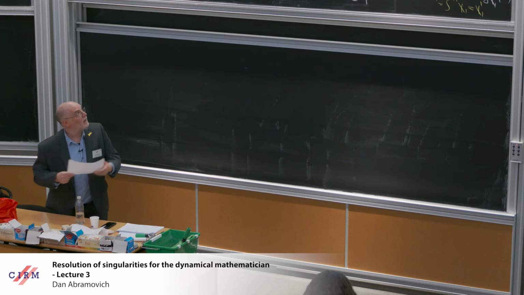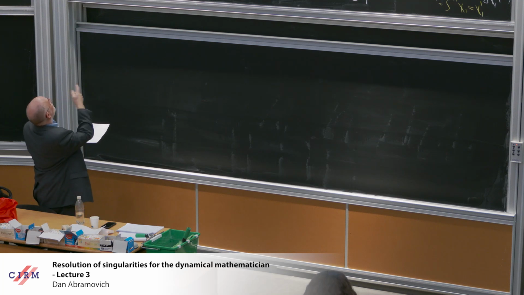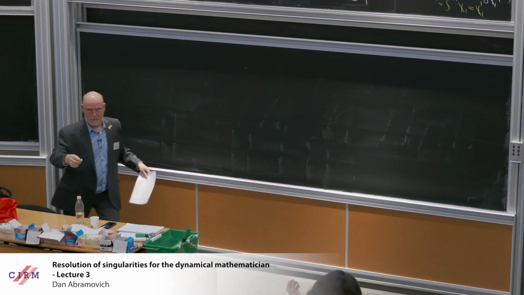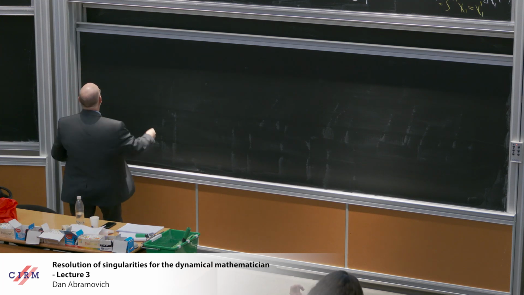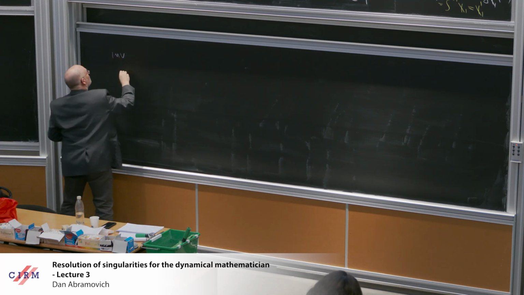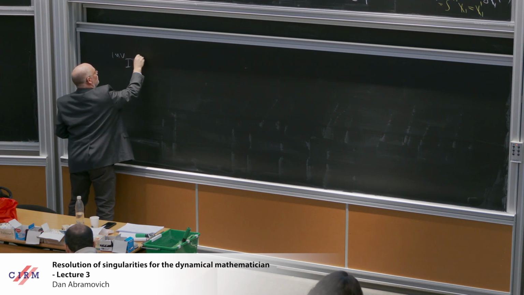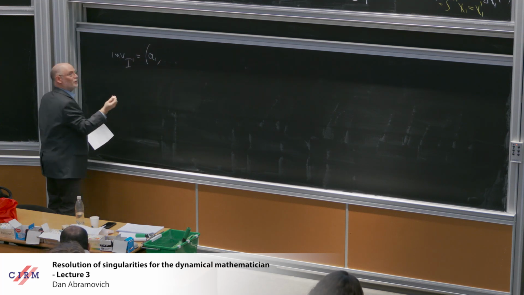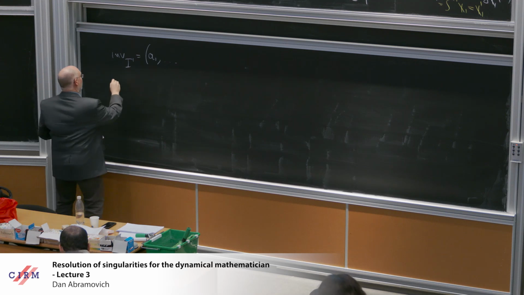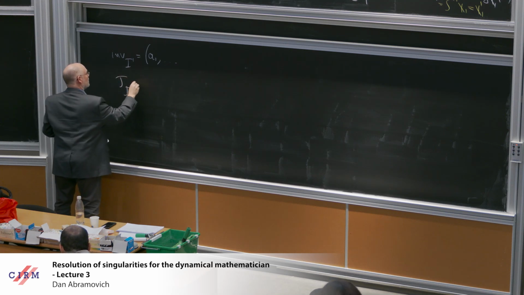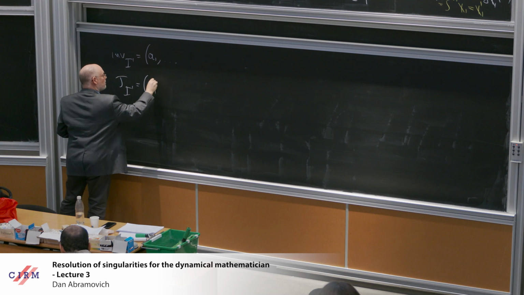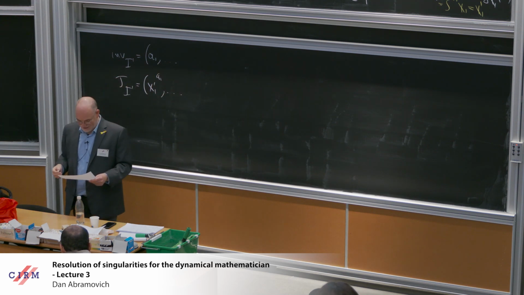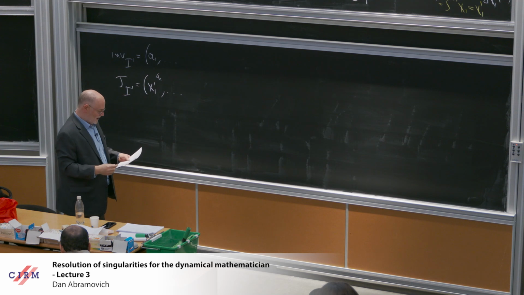So the final thing, so we've shown that the invariant starts with A1, and we need to show what the rest is, and that J is x1 prime to the A1, and we need to know what the rest is. And there we just use induction.